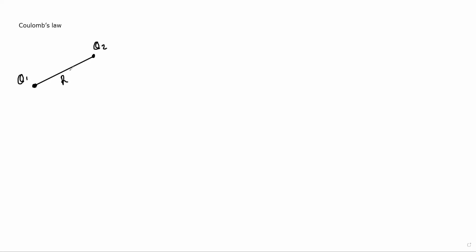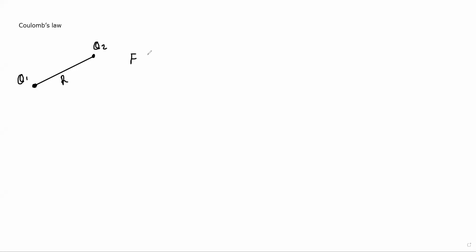In that case, the force acting between those two point charges, Q1 and Q2, is directly proportional to the product of the magnitudes of the charges, and inversely proportional to the square of the distance between the two charges. Mathematically, F is the force, and I'm talking about magnitude only.